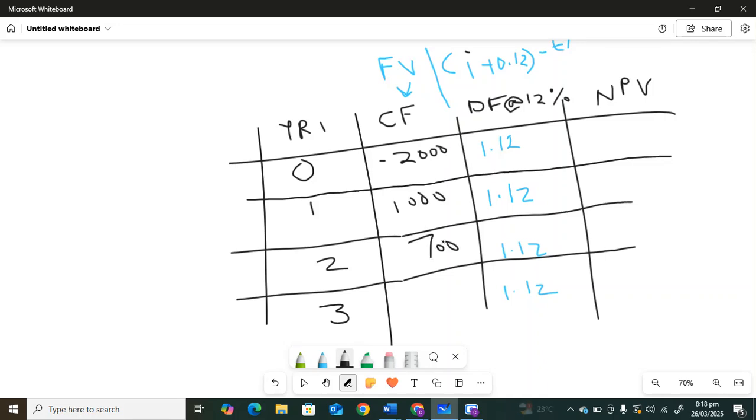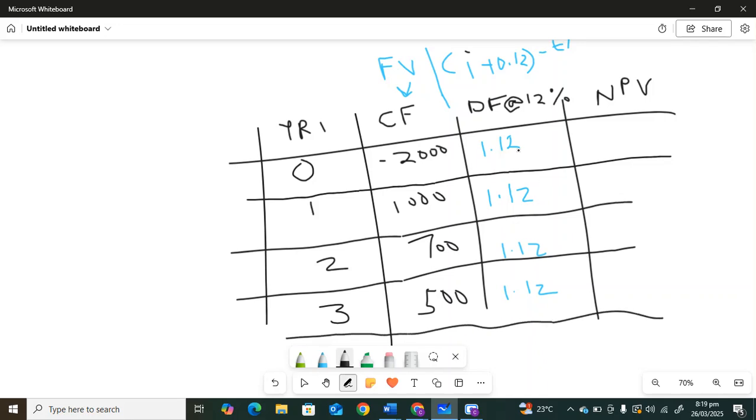Because it's money coming out of our pockets. We are paying it out of our pockets, and then these others are positive because it's money coming into our pockets. Year 0 is the first day of year 1.